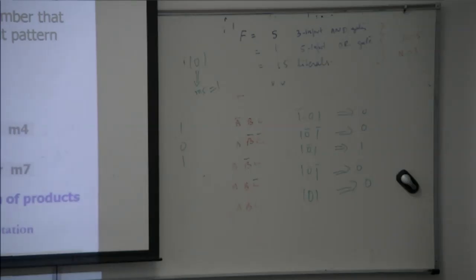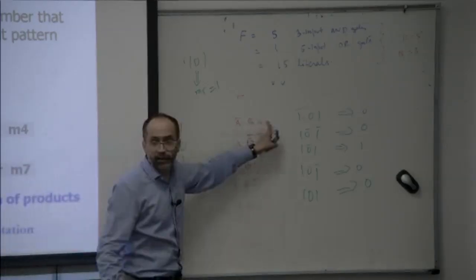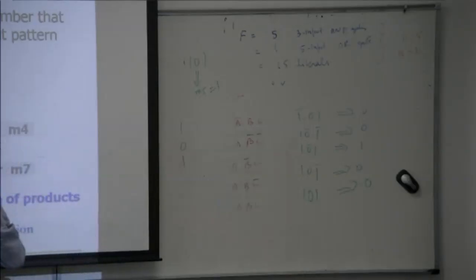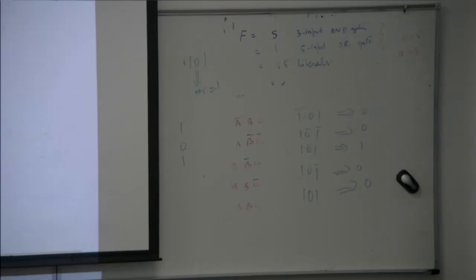But if I say draw the logic, the Boolean expression, then we use that expression. Got it? If we say the Boolean expression, then you have to put bars, something like that. But if we have this expression, this is an alternate representation of a particular function. Should we proceed?